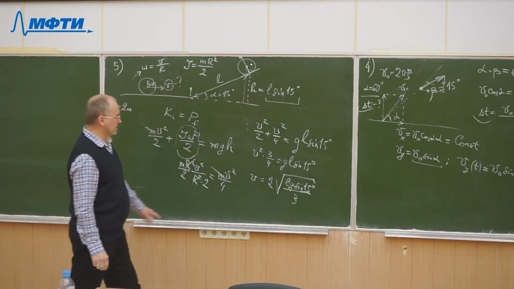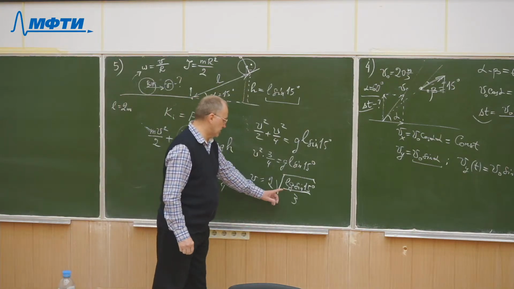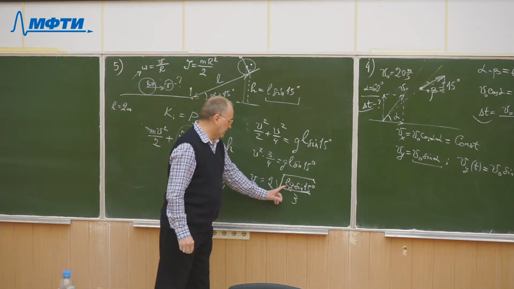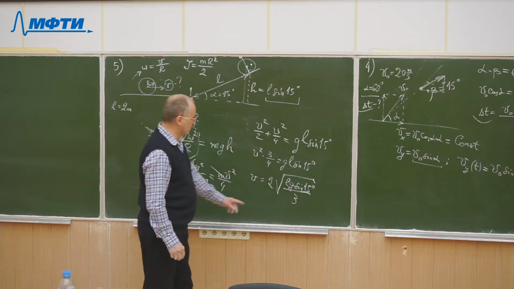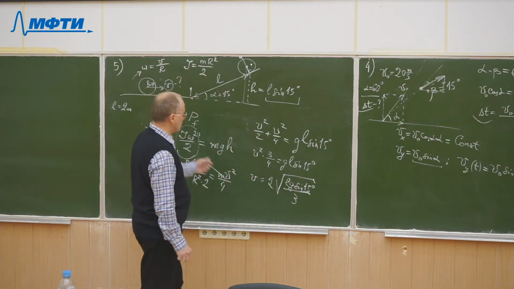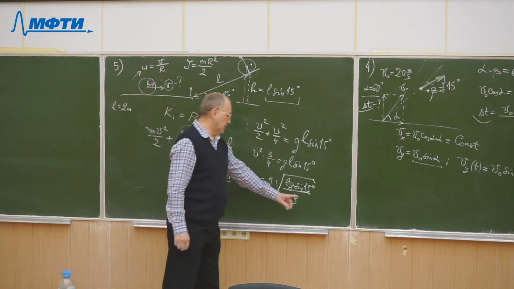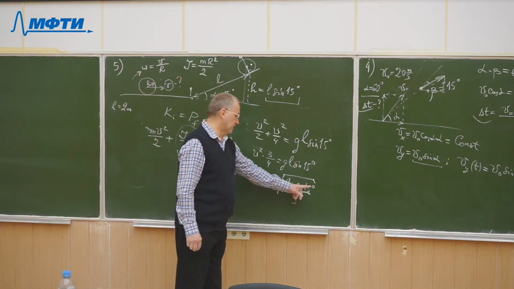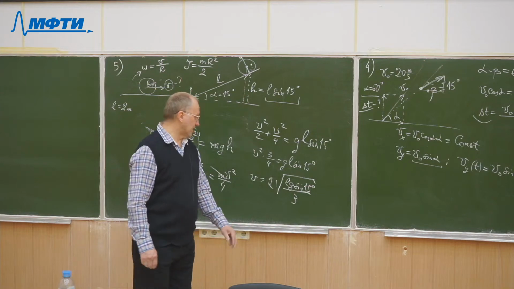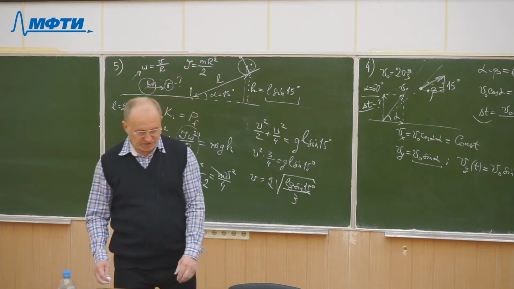That's the final answer, and what remains to be done is just to substitute numerical values for L, which is 2 meters, and g, which can be taken as 10. And you may easily use your calculator to assess what is sine 15 degrees.